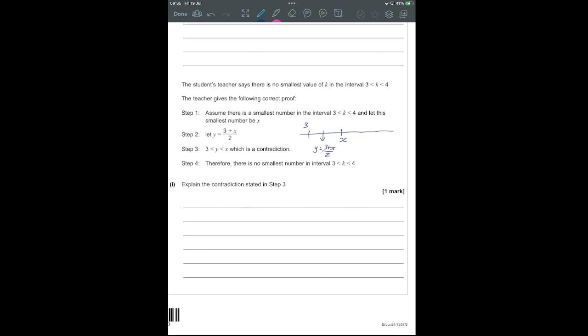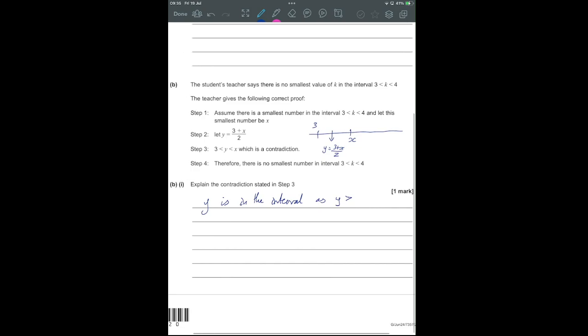So step 3, explain the contradiction. y is in the interval as x is greater than 3, so y is greater than 3.